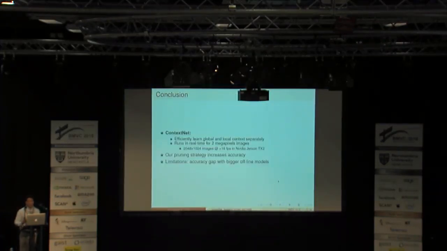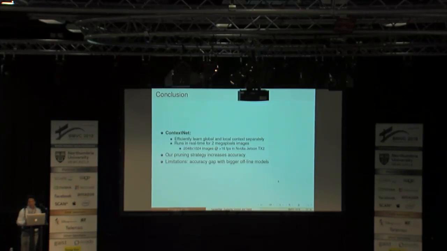So in conclusion, what we proposed is learning the global and local context separately. Doing so reduces the cost, because for the global context you don't need a high resolution, and for the local context you don't need many layers. That is the key. Using this insight, we achieve a real-time system with competitive accuracy.